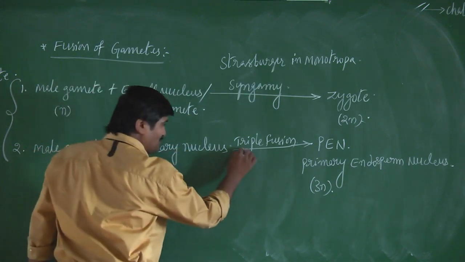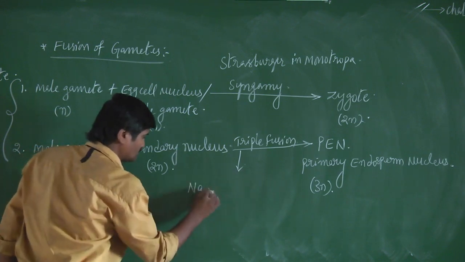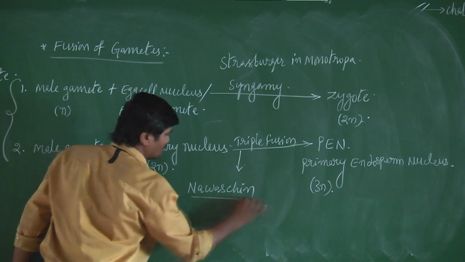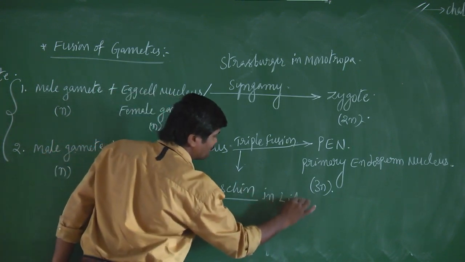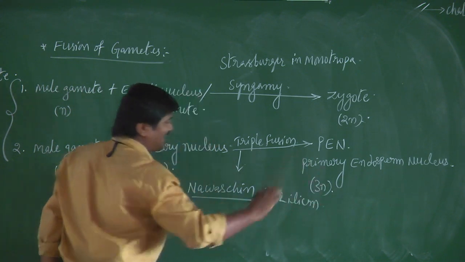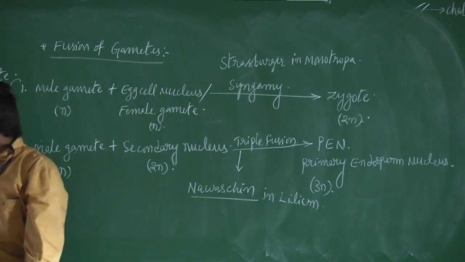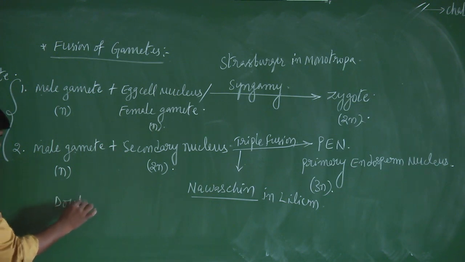The triple fusion was discovered by Nawaschin in Lilium or Fritillaria. At the same time, the two fusions take place in the structure of the embryo sac. It is known as double fertilization.